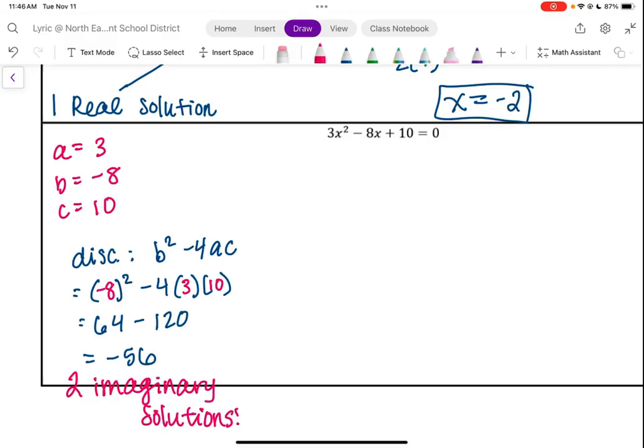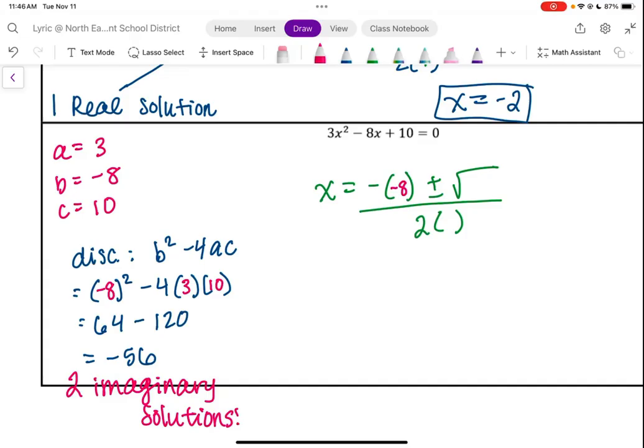All right. Now we're going to plug that -56 back into the quadratic formula. So we have x equals -b plus or minus the square root all over 2a. Plugging our numbers in, b is -8.